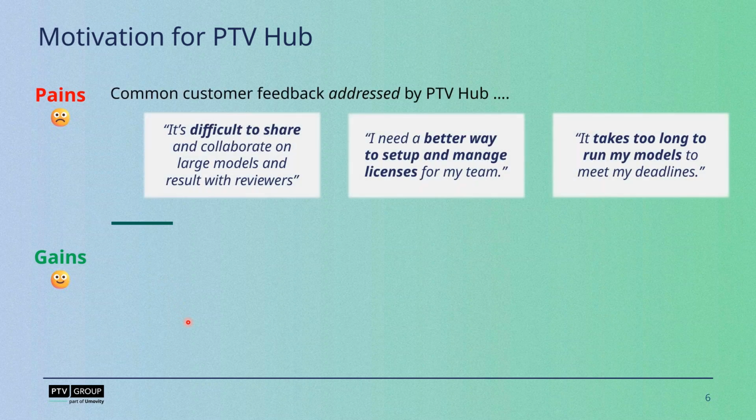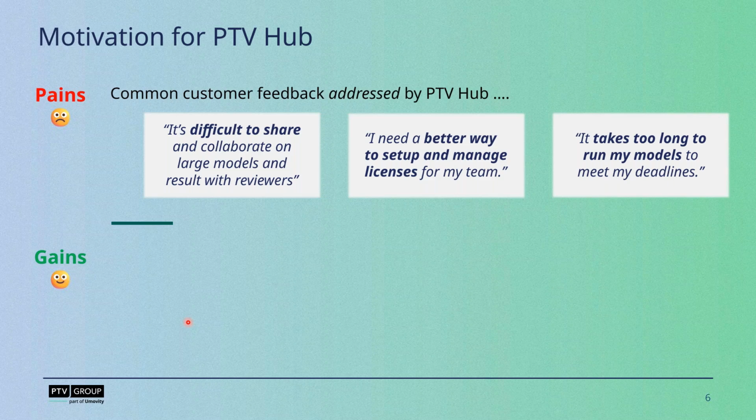So looking at user pains before PTV Hub, we heard a lot of feedback that it's difficult to share models that are big, like a Visum model that's very large size or something. It's hard to collaborate on these models and share results with reviewers. So that was one common feedback we heard.